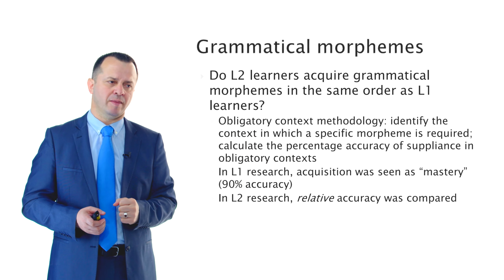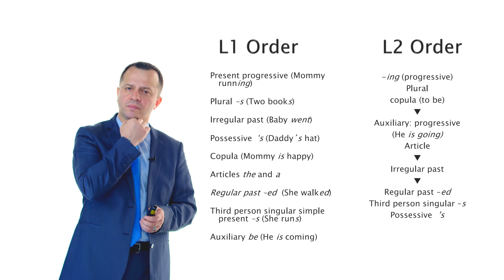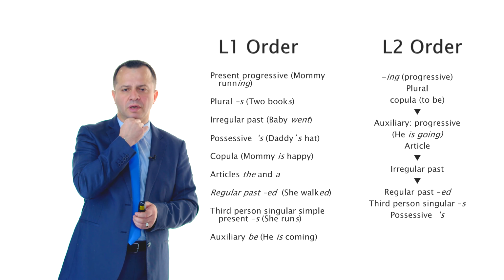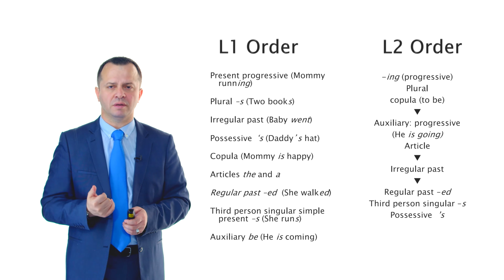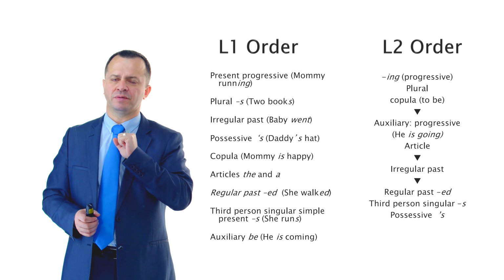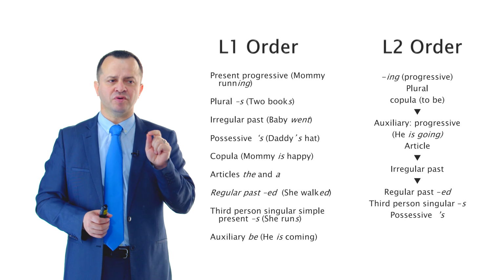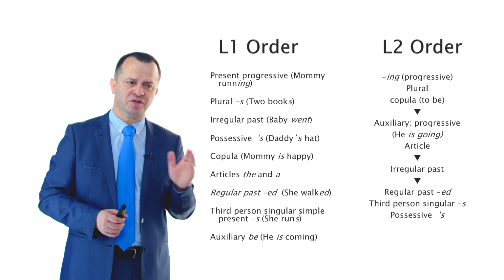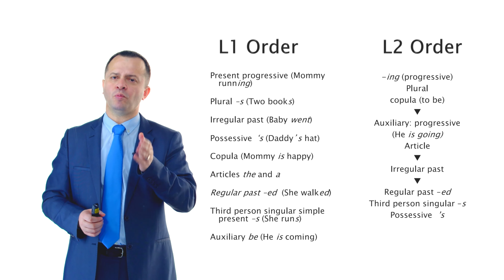So the L1 order, for English learners, I mean native English speakers, while they're learning the L1: the present progressive -ing is the easiest, and this is the first grammatical element they will learn. The auxiliary be, like "he is coming," is the most complicated for them.